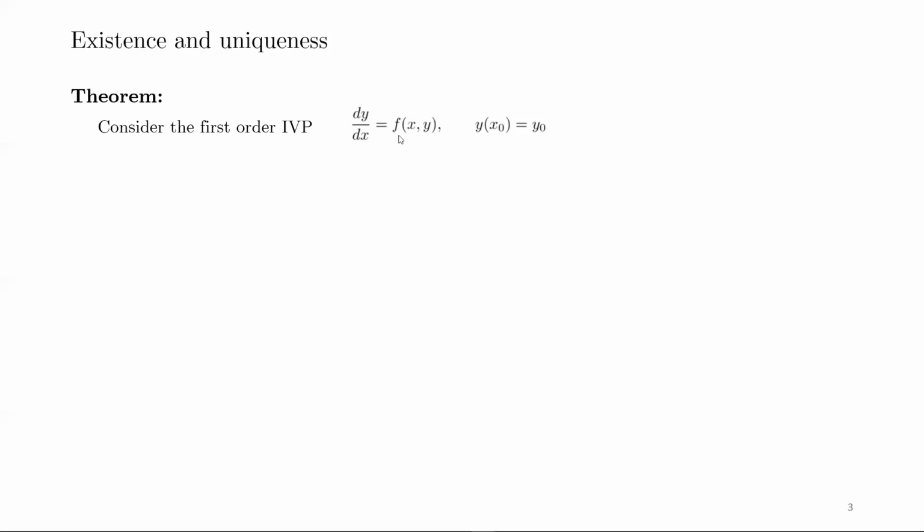Okay, this function on the right hand side, f, is a function of x and y. I'm not giving you any conditions saying this has to be a linear differential equation. It can be linear or it can be non-linear. The initial condition says when x is equal to this number x naught, then y is equal to some number y naught. Okay, so our initial point or our initial condition is x naught, y naught.